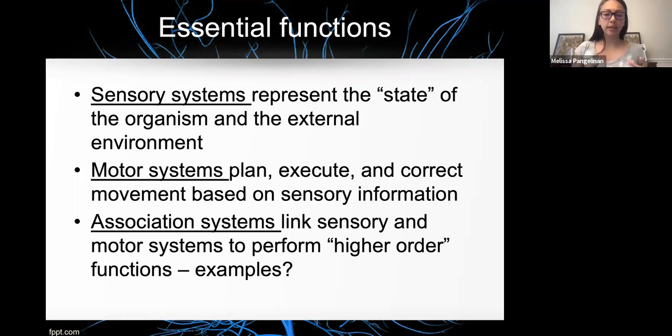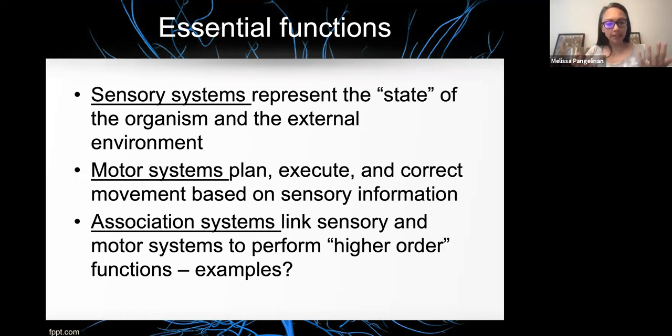And then the last system are these association systems. These association systems are neither sensory or motor in structure. They're actually combinatory. Their goal is to integrate or connect the sensory information with the motor system to perform what we call higher order functions.